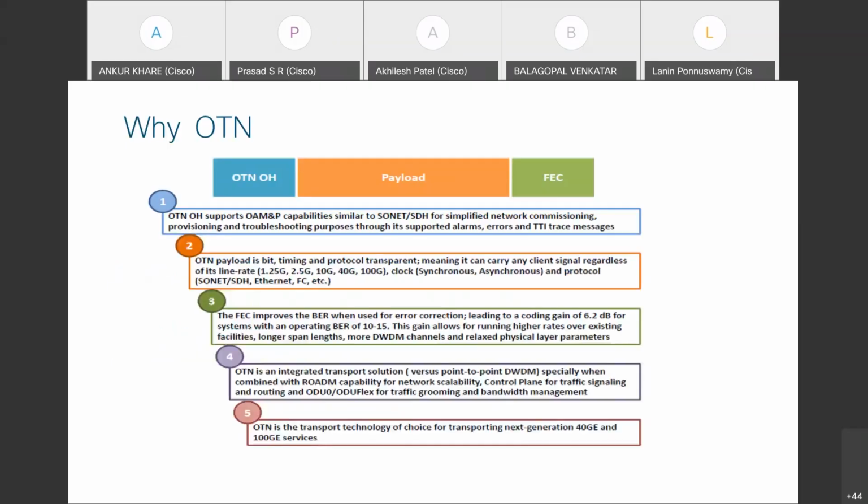So why do we need OTN? Okay, so OTN overhead. Any protocol which carries traffic will have some overheads. Similarly, OTN also has overhead, which is basically for operational and maintenance capabilities, and it is provided for troubleshooting purposes, right? Suppose you have some problems, right? You will go to the overhead and you will get the relevant alarms based on the overheads.